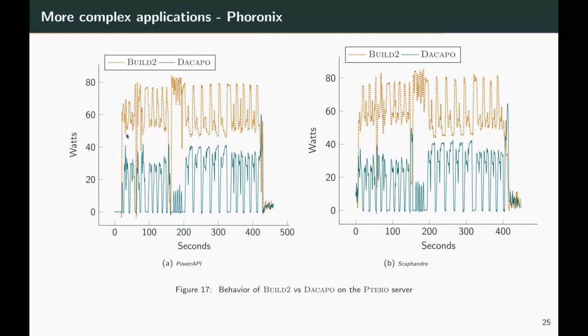We see that now the plateaus are less easy to see. It's a bit more tricky to understand the behavior of the application. Here the plateaus were quite stable. Here we have a lot of series of spikes that go up and down.